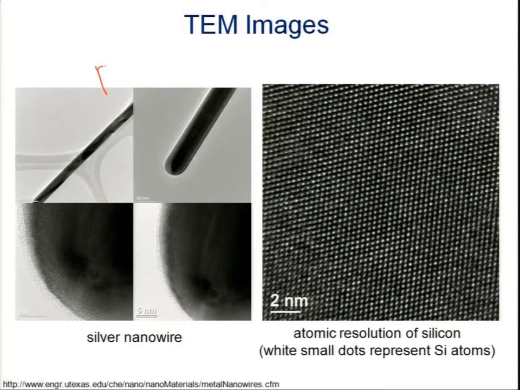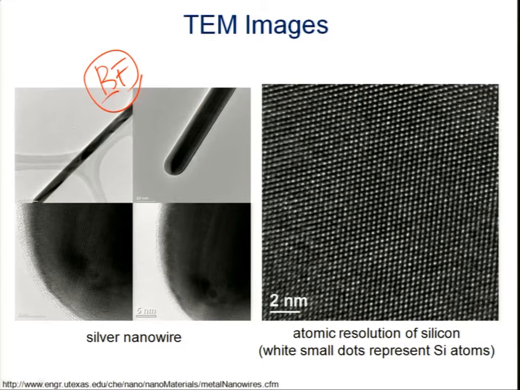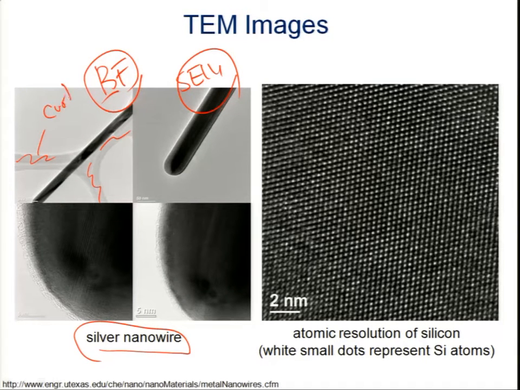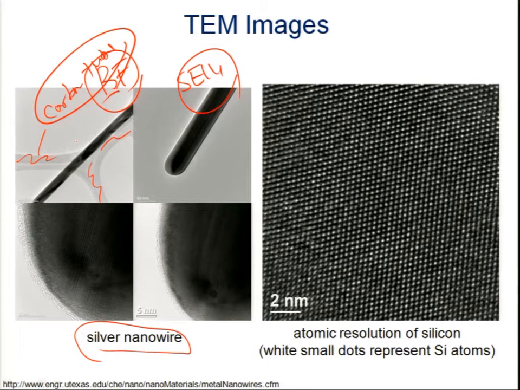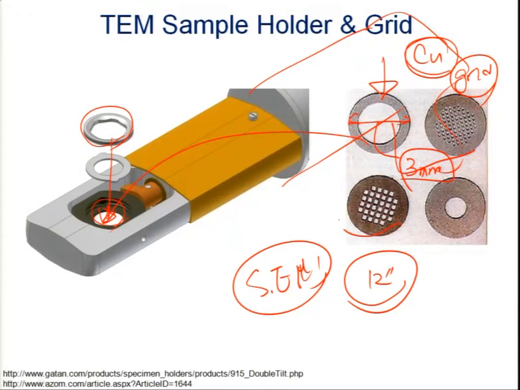So this is an example of the bright field. It looks pretty close to the SEM images. This is a silver nanowire, and this is a carbon tube. When people want to observe a nanotube, they use a copper grid like this.